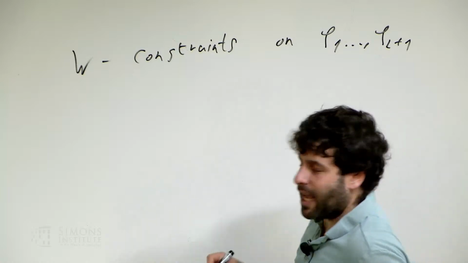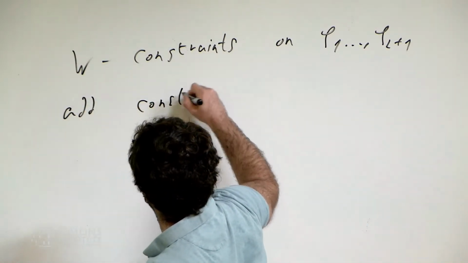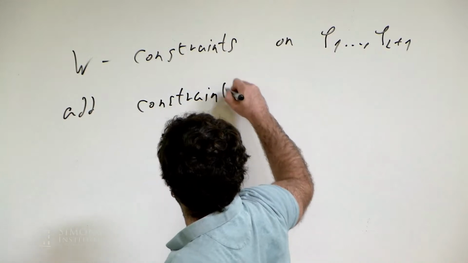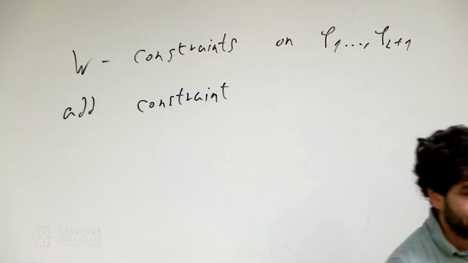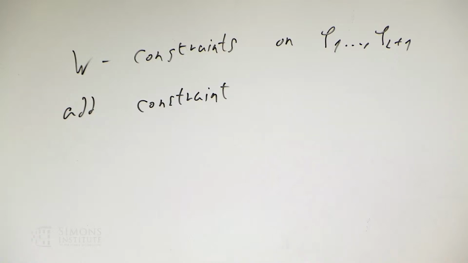And now I'm going to add a constraint of the form, let's give a name to these vectors.